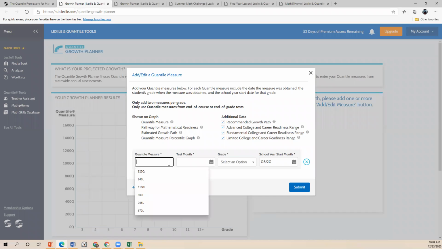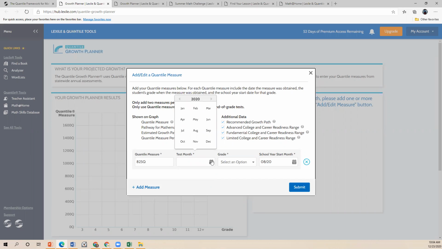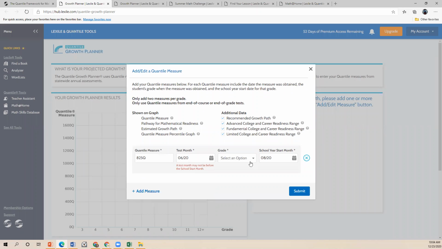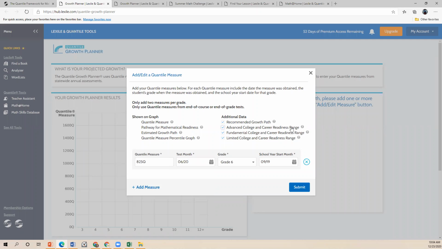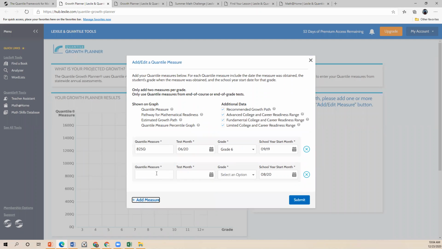James had a quantile measure of 825Q. He tested in June of 2020. He was in 6th grade. And he started school that year in September of 2019. If you have your students' quantile measure from other years, please enter each year's measure for the most accurate growth chart.